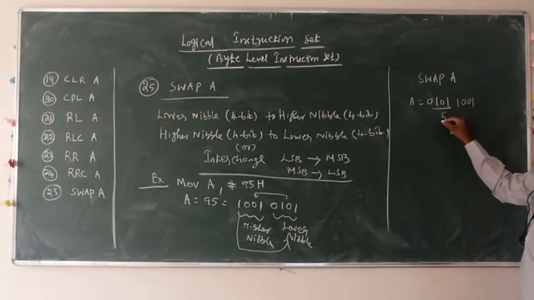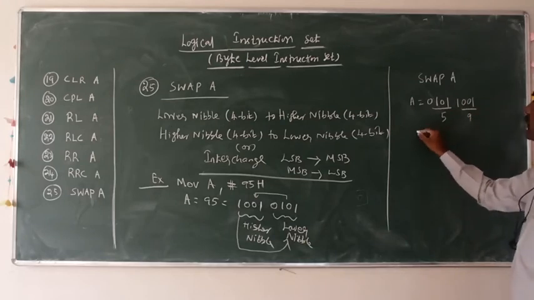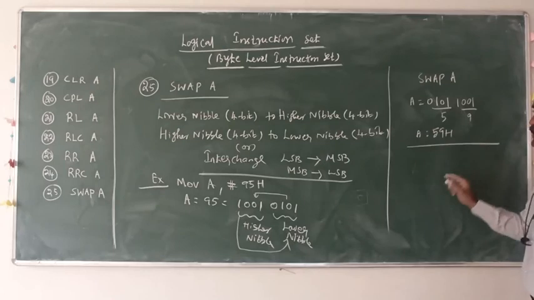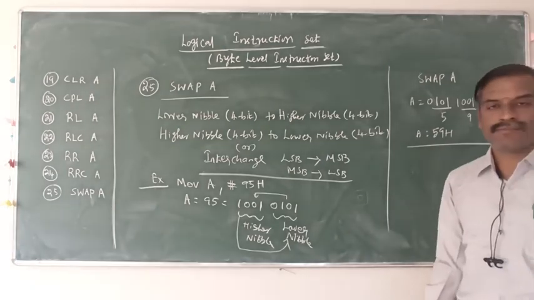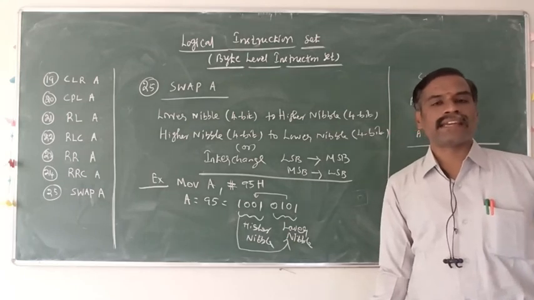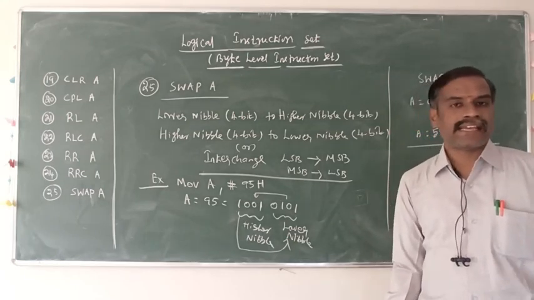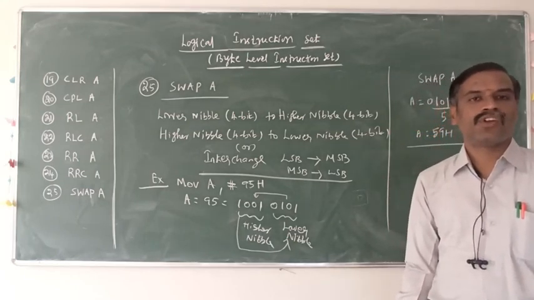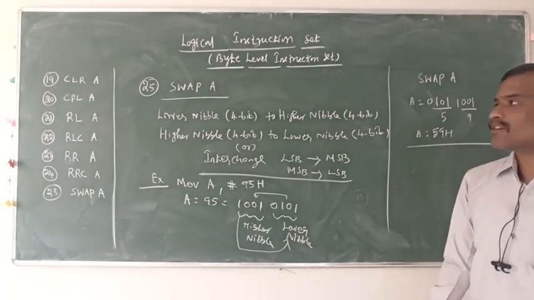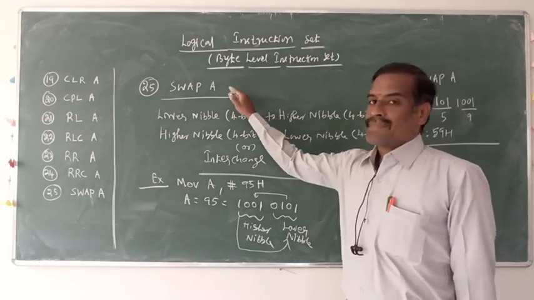This is for 5 and this is for 9. Now register A equal to 59H. This is the interchange of lower nibble of 4-bit data to higher nibble 4-bit, and then higher nibble of 4-bit data to lower nibble of 4 bits. This is the operation of swap instruction.